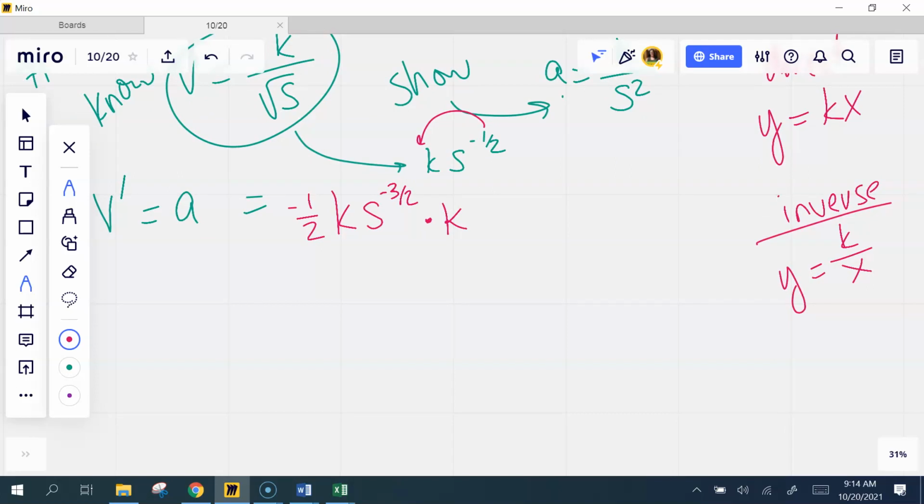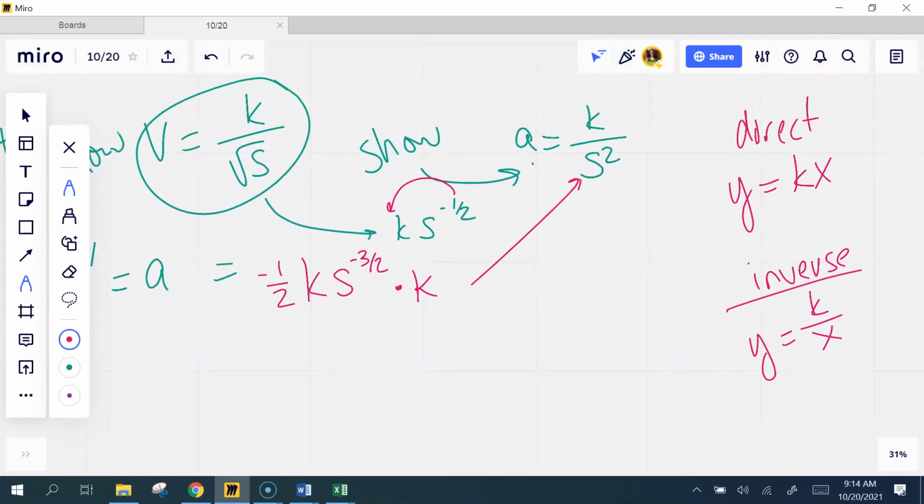So now the goal is to get this to look like this. Not really though. We don't need this, we don't need this, we don't need this. It's a constant.